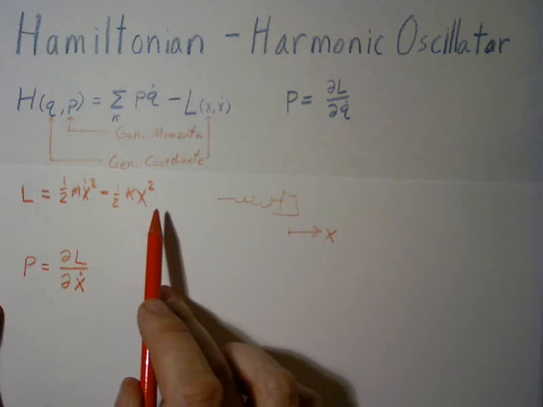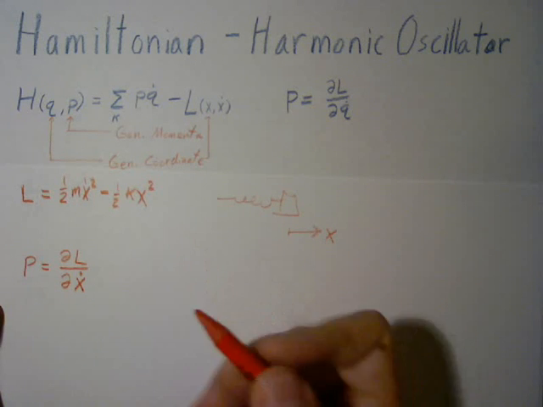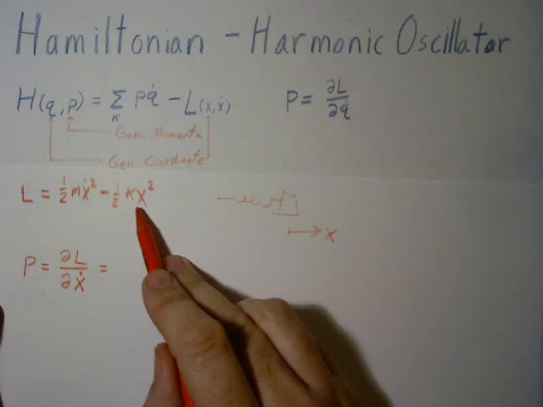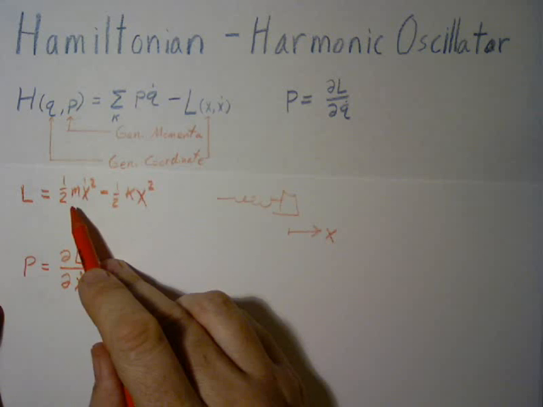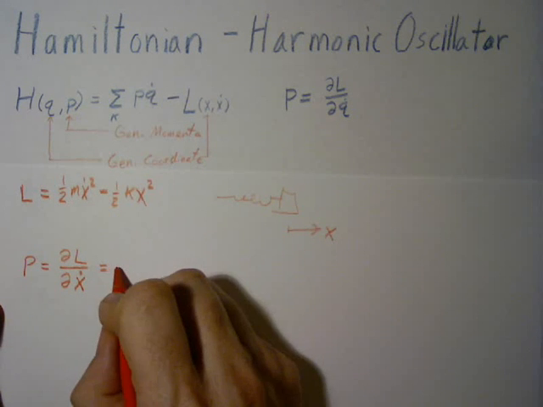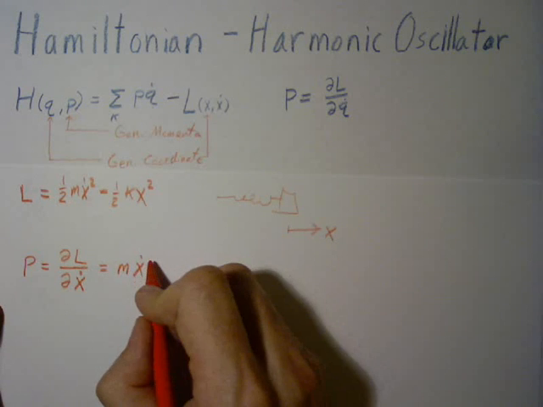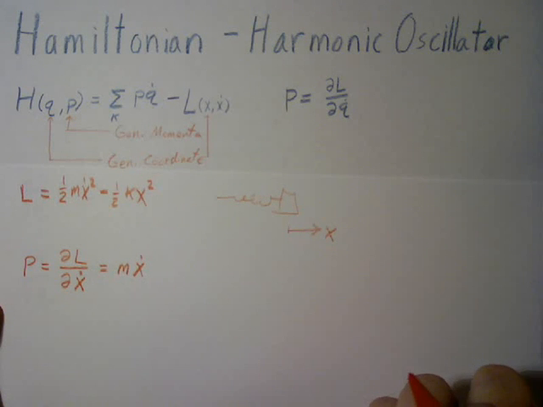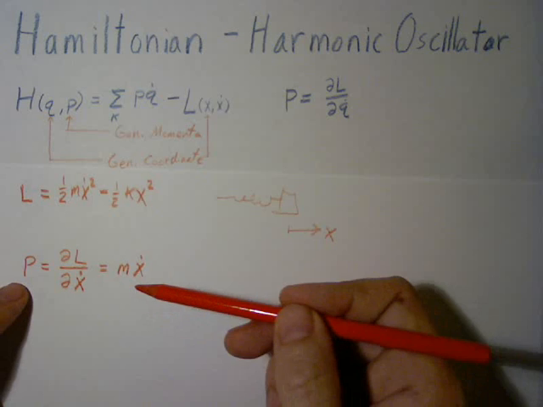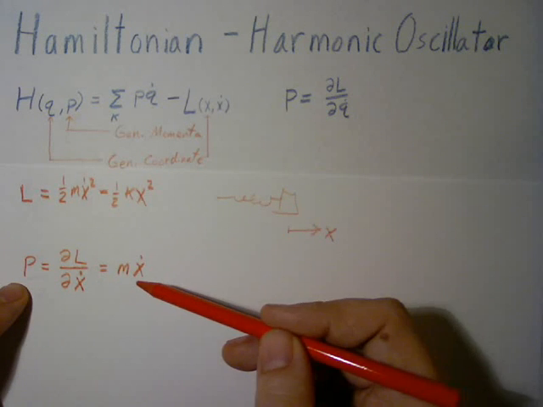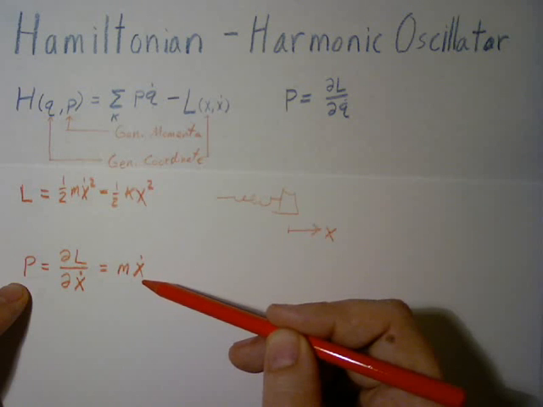The partial derivative of this with respect to x dot: there's no x dot here, so we ignore this. Just this term becomes m x dot, which is what we'd expect. Momentum is normally thought of as mass times velocity.